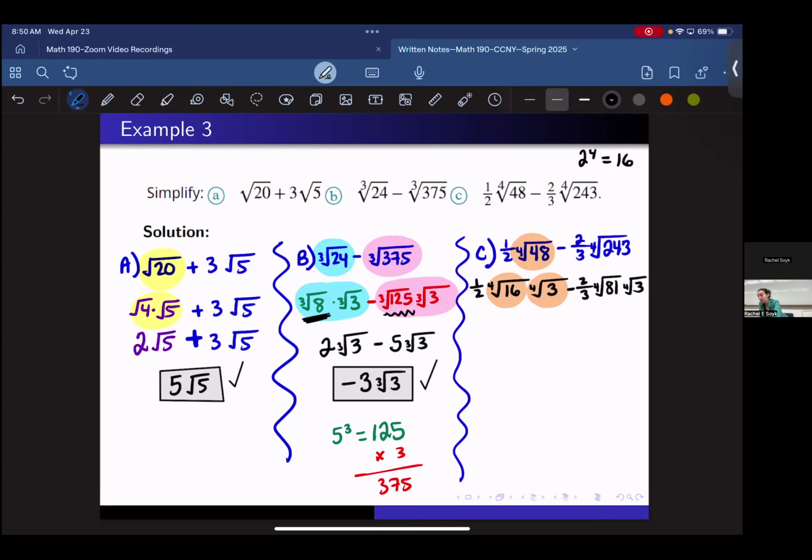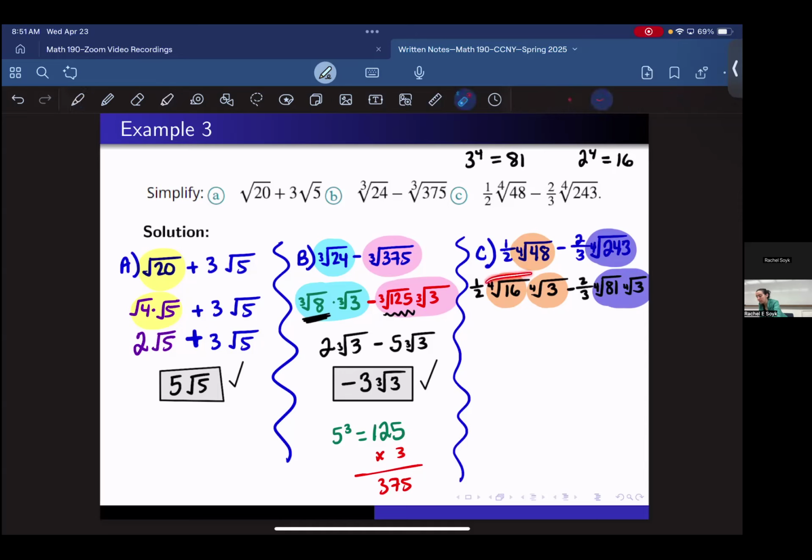And are we able to take the 4th root of 81? Well, 2 to the 4th is 16. What's 3 to the 4th? If 3 to the 3rd is 27, what's 27 times 3? 81. So the 4th root of 243 is the same as the 4th root of 81 times the 4th root of 3. Now let's just simplify.